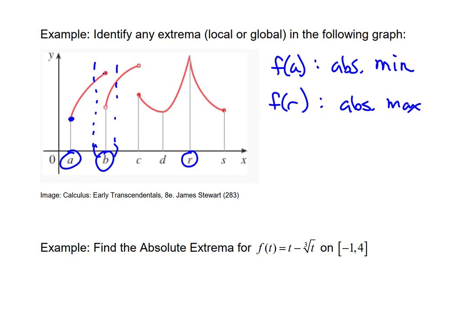Now you may say, well, maybe f of b is a relative max. That could be, because if you look directly above the open circle, where x is b, we see f of b is the solid dot, which is like the end of that first curving piece of the graph. If you look surrounding that in this open interval that we've dashed our way upward vertically, it does appear to be the highest value of the function within that open interval.